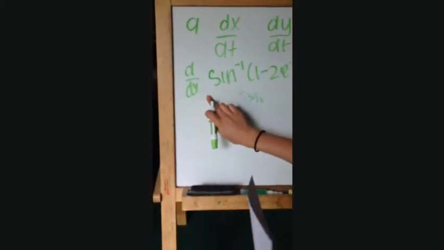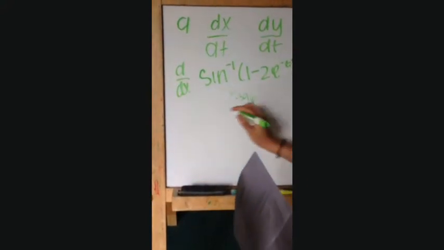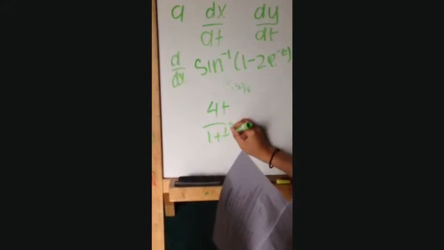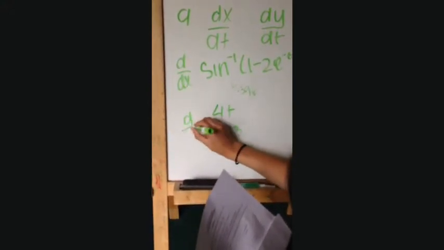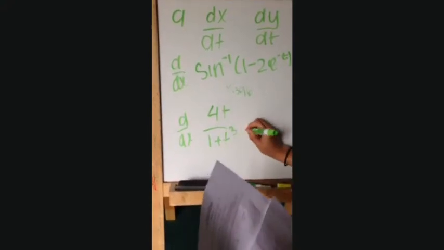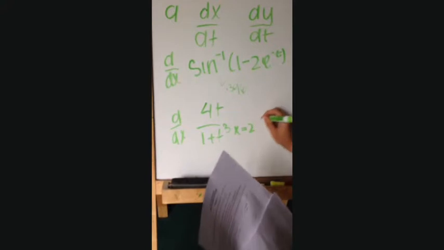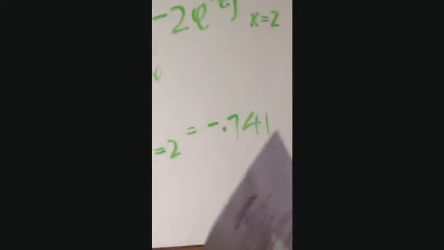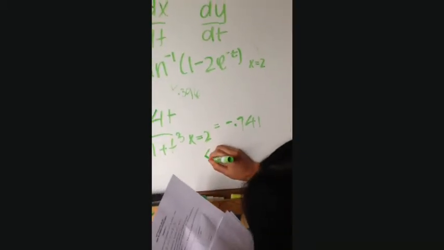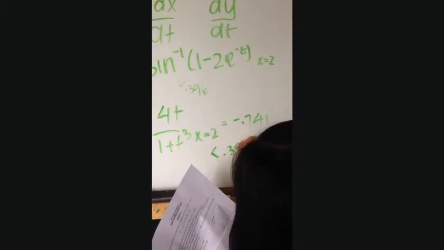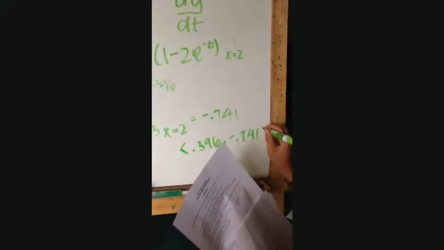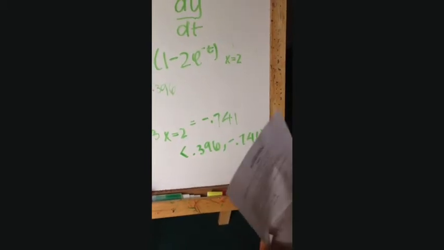So you'll put this exact same thing in, except instead of dx/dt, you'll write 4t over 1 plus t to the third, where x equals 2. And when you plug that into your calculator, you should get negative 0.741. So your acceleration vector will be (0.396, -0.741). And that's the first part of the problem.